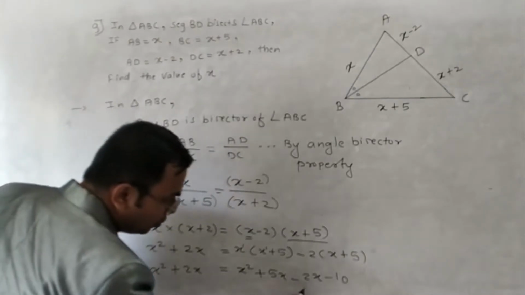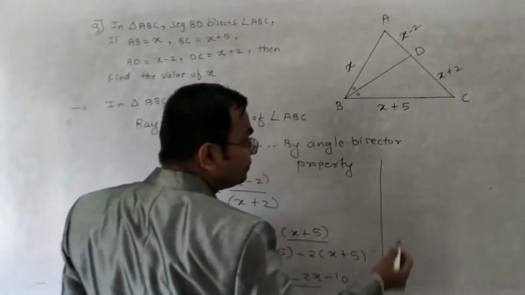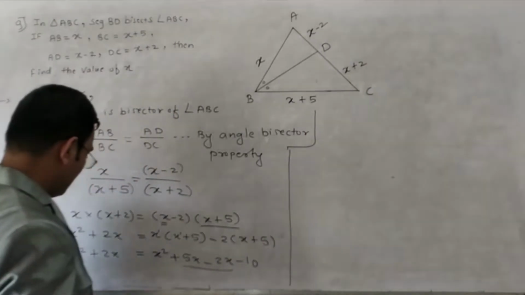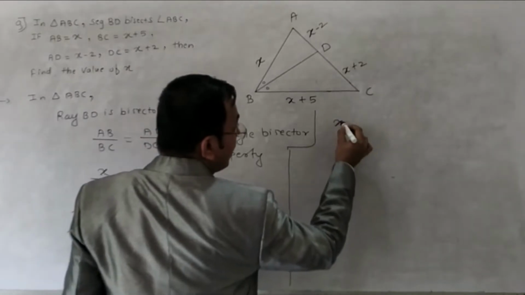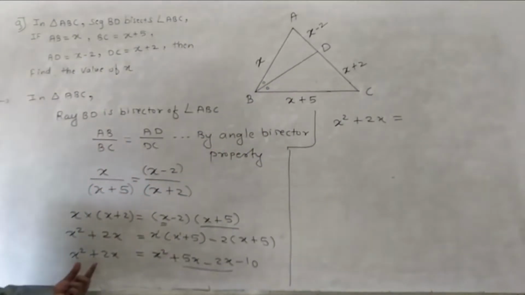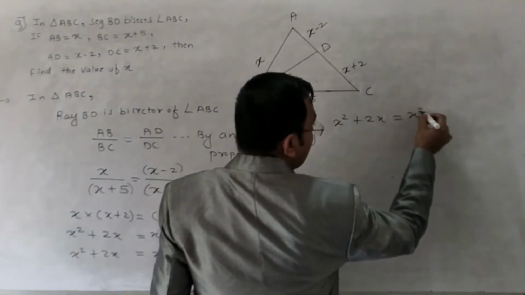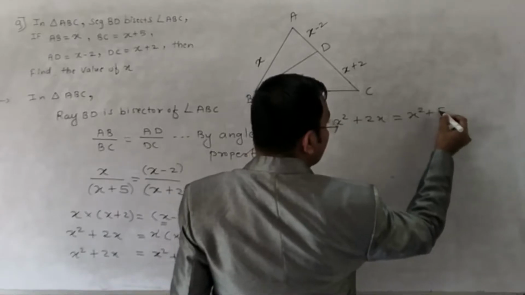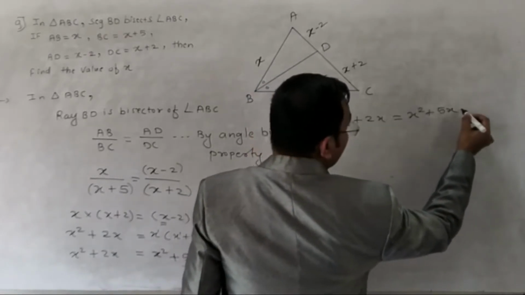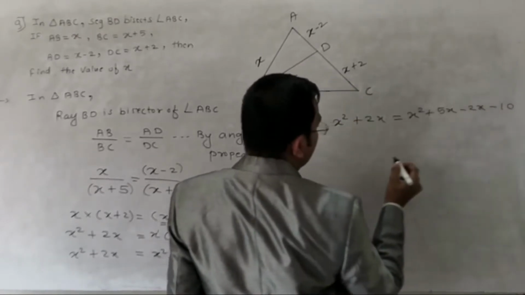So now do the subtraction here. Write down: x square plus 2x is equal to x square plus 5x minus 2x minus 10.